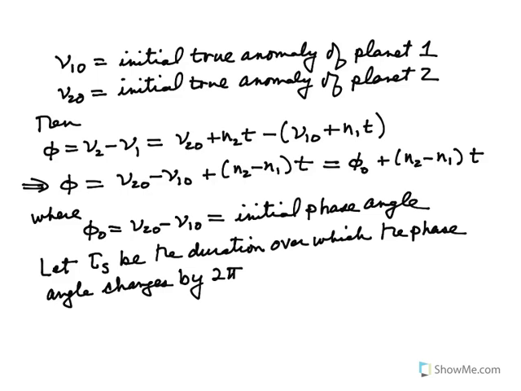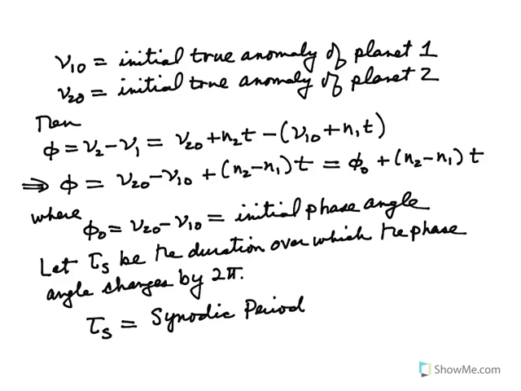So if there's a phase angle phi and we add 2 pi to it, then that's the same phase angle because angles wrap every 2 pi. Now, this could actually amount to an increase or a decrease of 2 pi. It could be either way, depending upon what the relative motion is between the two planets. So this quantity tau s, where the phase angle repeats, is what's called the Synodic Period.